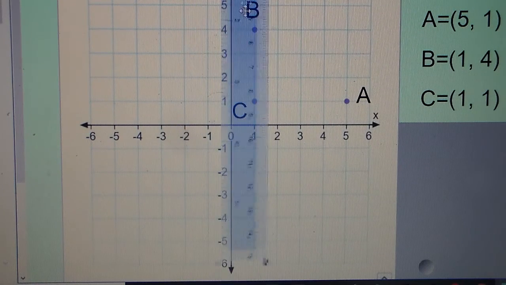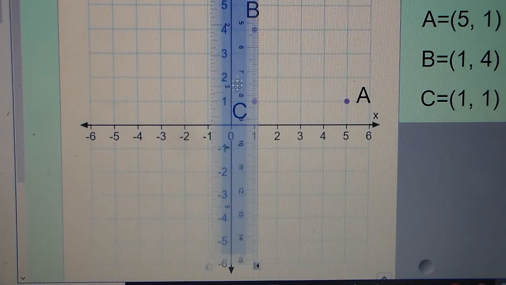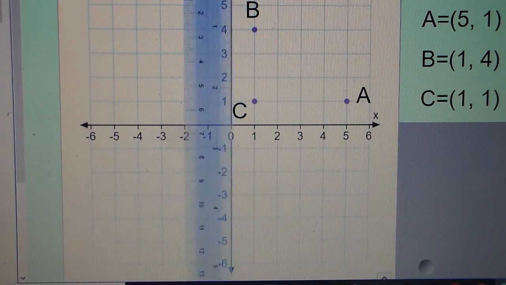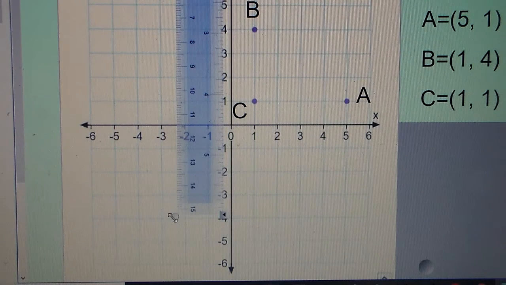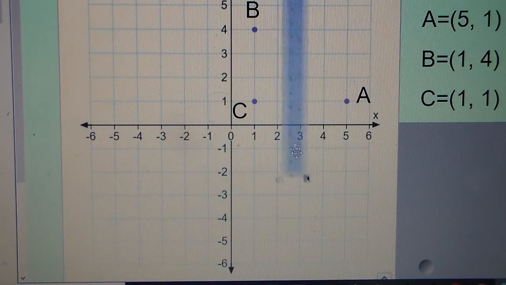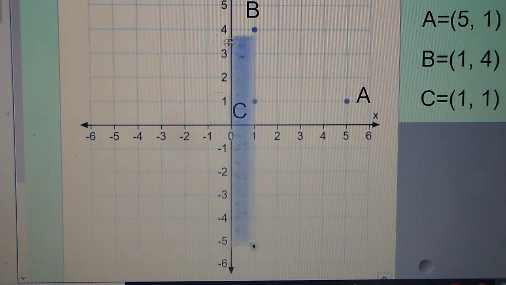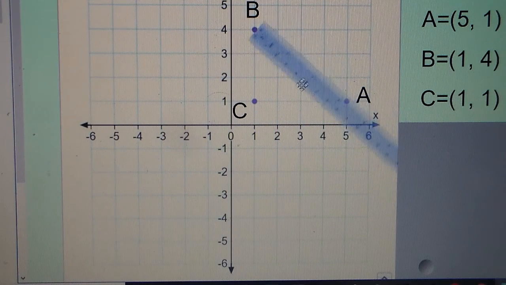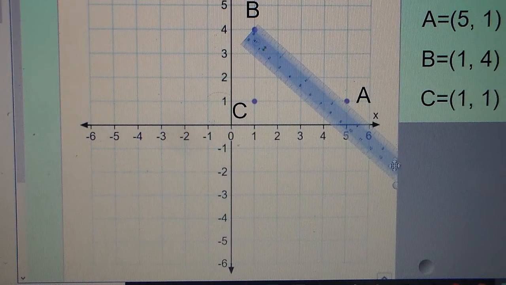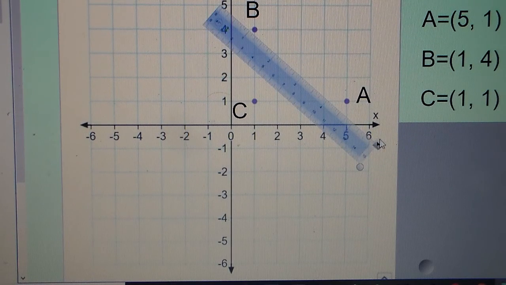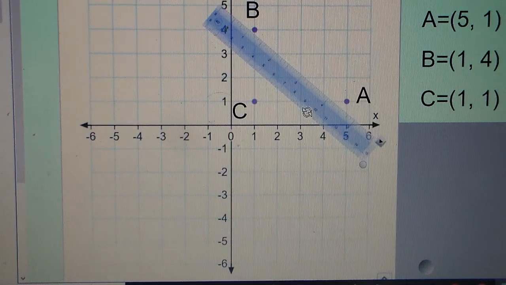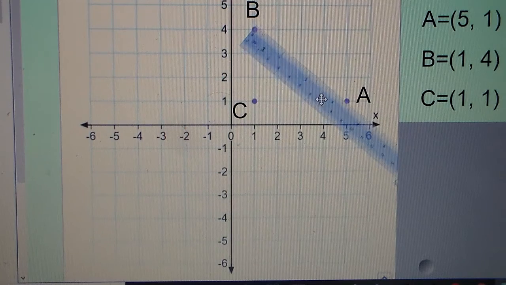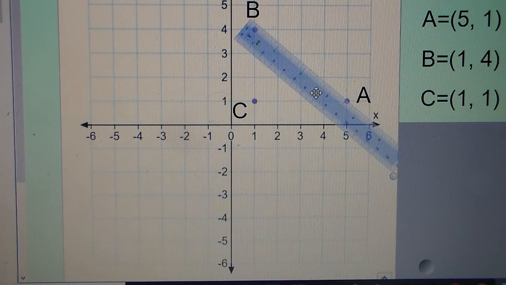We can rotate that ruler around. There it is. So you rotate it around to go from B to A, and you see that the distance between them is 3.5.